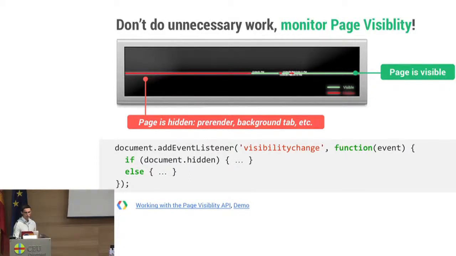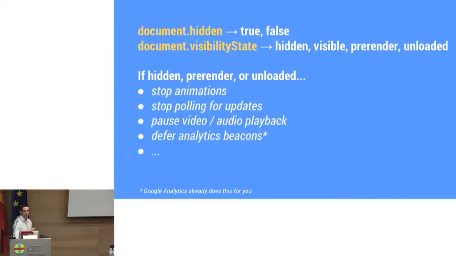So if I just flip back a few times, you can see that it's detecting that the tab is visible or not. Is it in the background? Is the page being pre-rendered, for example? And this allows you to do smart things, or much smarter things in how you're actually interacting or what you're doing on the actual page.